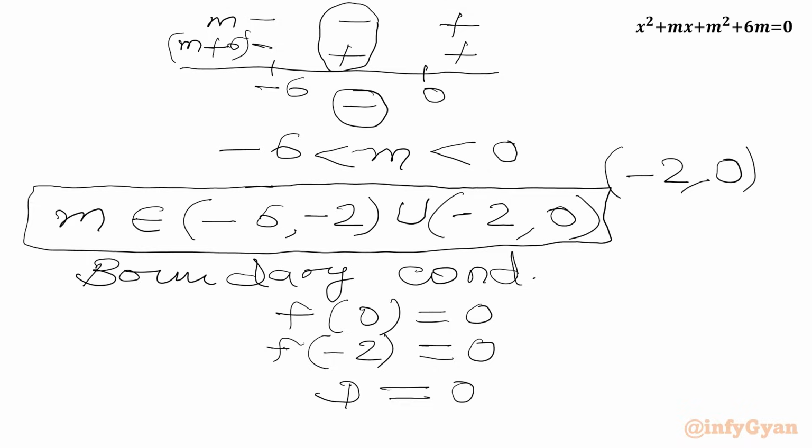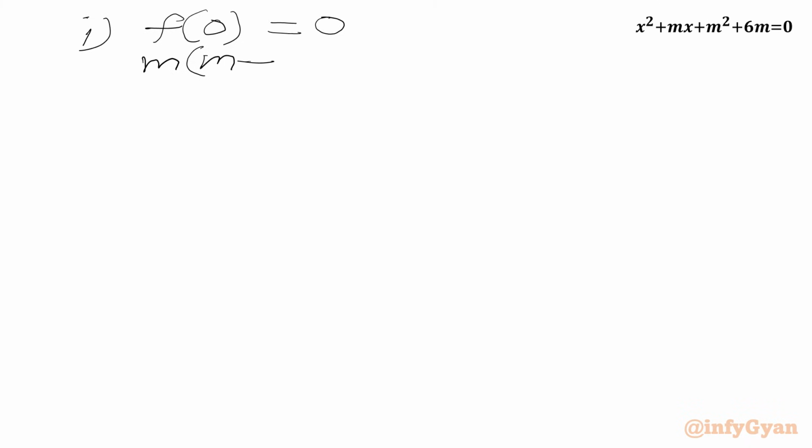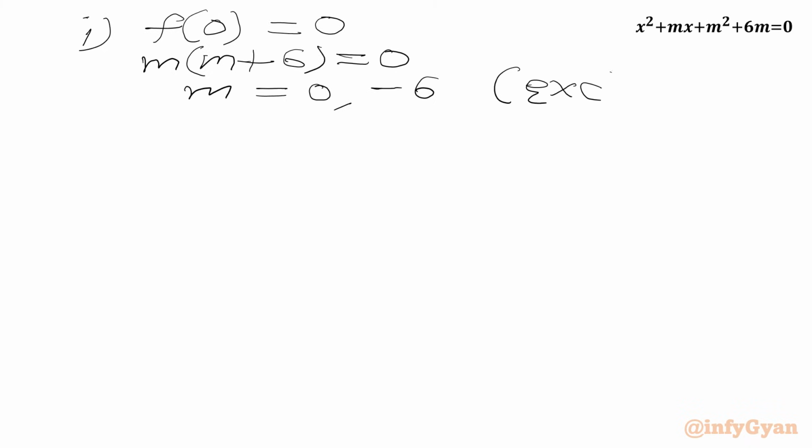So if we check our first condition, f of 0 equal to 0. f of 0 is m times m plus 6 equal to 0. We will get m equal to 0 or m equal to -6. Both points are excluded points, so there is no constraint.